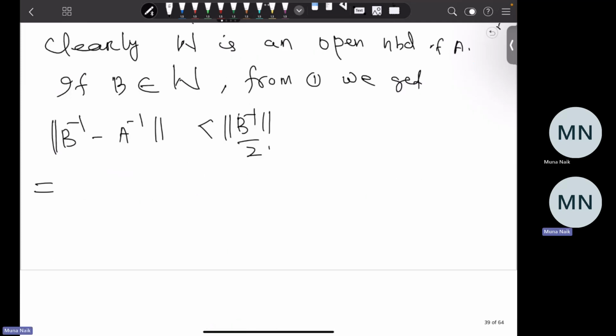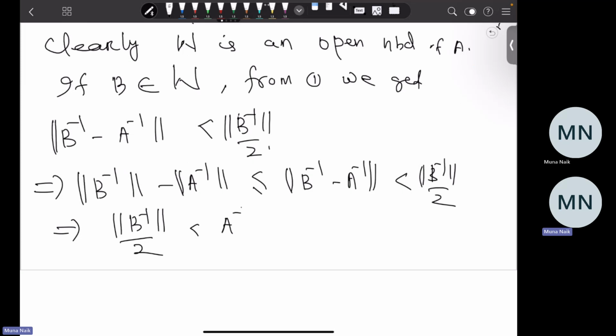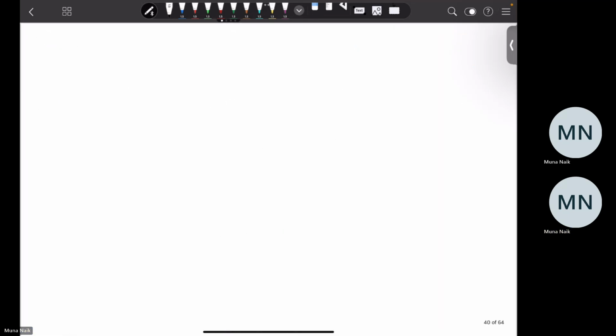Now I play with the triangle inequality. The norm of B inverse minus the norm of A inverse is less than or equal to the norm of B inverse minus A inverse, which is less than the norm of B inverse by 2. That will give you that the norm of B inverse by 2 is less than the norm of A inverse. This will imply that the norm of B inverse is less than 2 times the norm of A inverse.